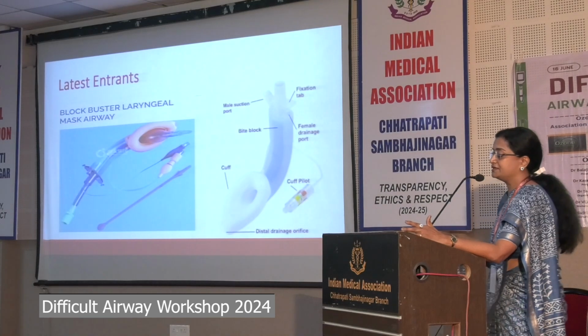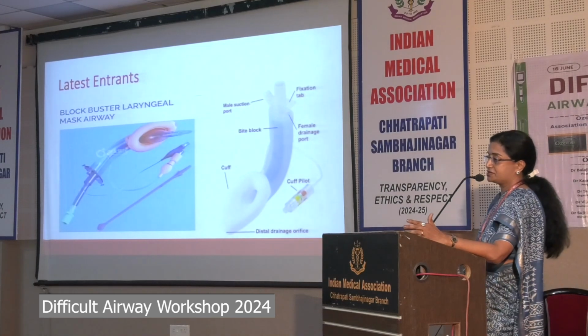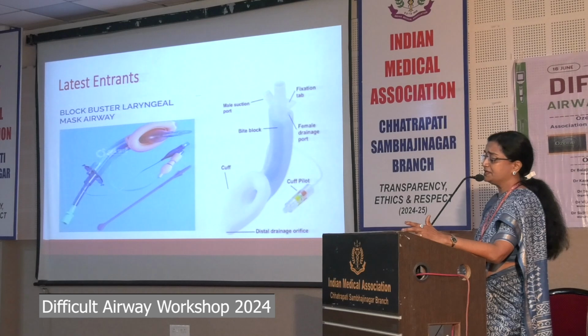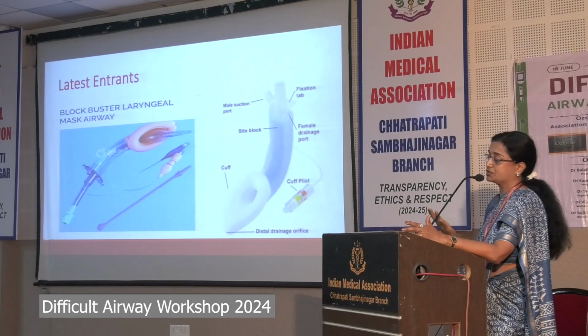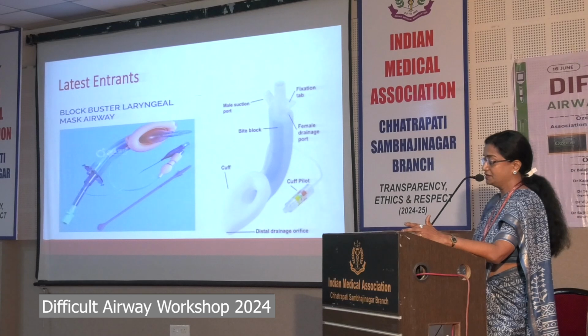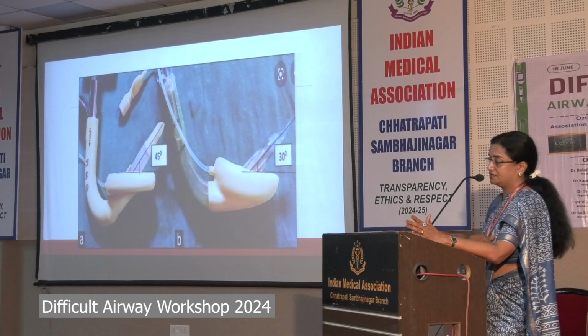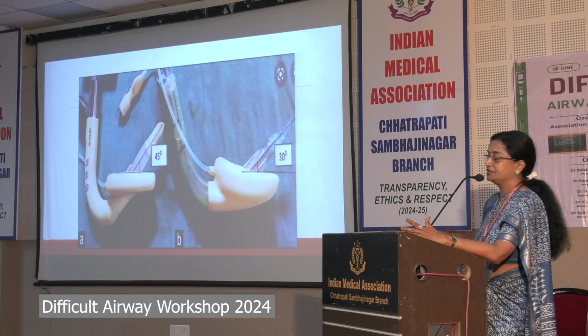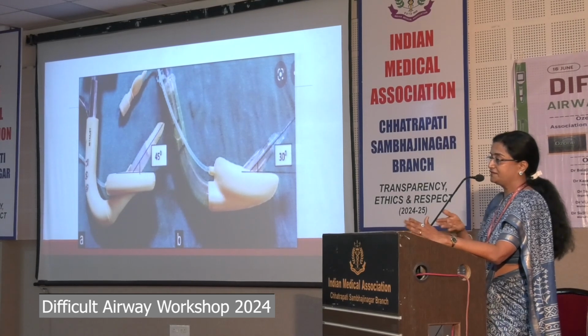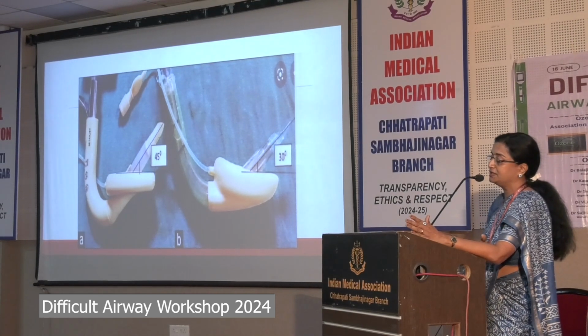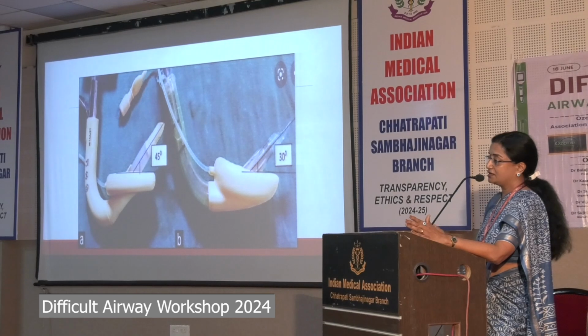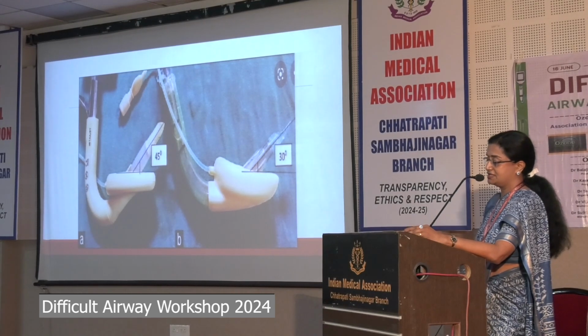Now the latest entrants are the Blockbuster, and from the Teleflex company, the LMA Gastro and LMA Protector, which comes with a cuff pressure monitor. Okay, all these will be explained in your workstation today, so I'm not going into the detail. Only thing is that the Fast Track, which was an intubating LMA, was a first generation, and now we have the Blockbuster, which is a second generation.